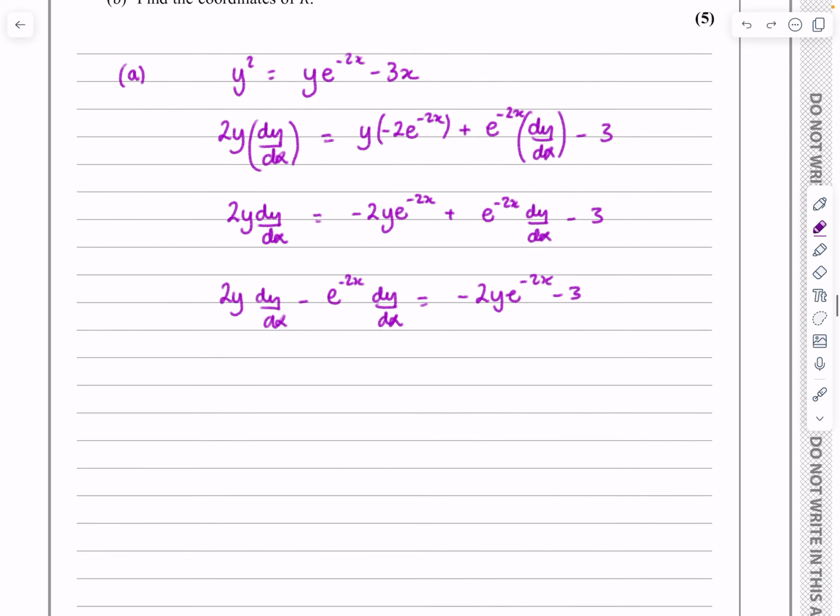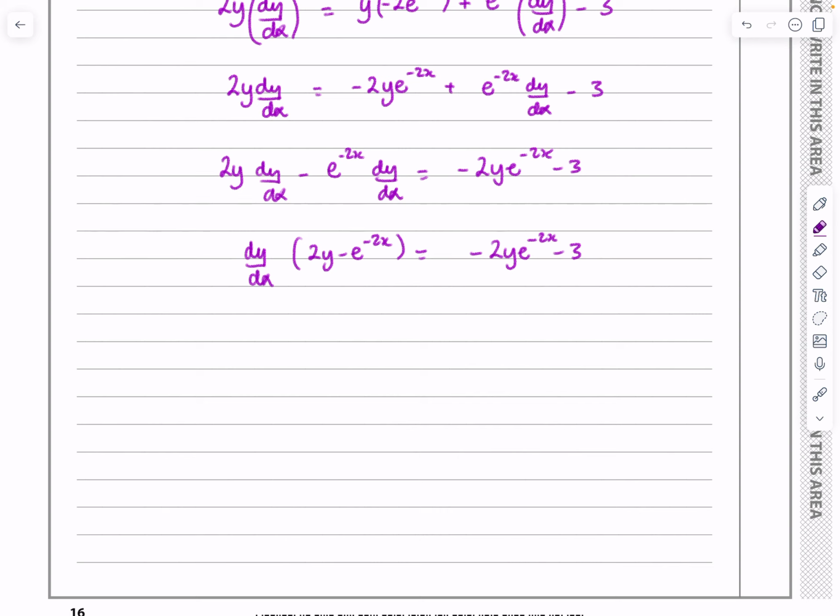Now that I've got the dy by dx's both on the same side, I can factorise and take that out as a factor, which leaves me 2y minus e to the minus 2x is equal to minus 2y e to the minus 2x minus 3. And so then dy by dx is equal to minus 2y e to the minus 2x minus 3, all divided by 2y minus e to the minus 2x, like that.